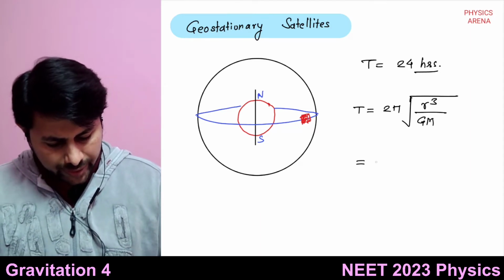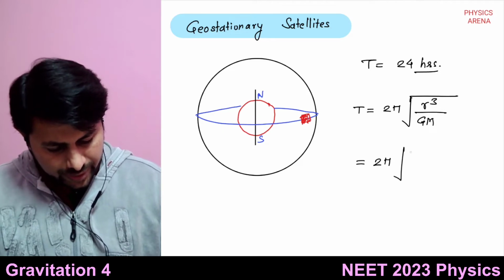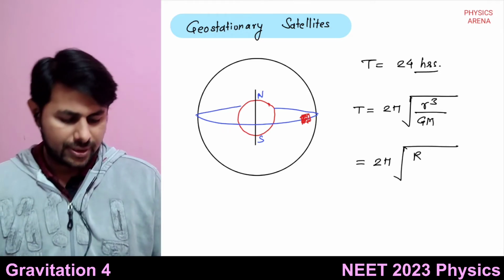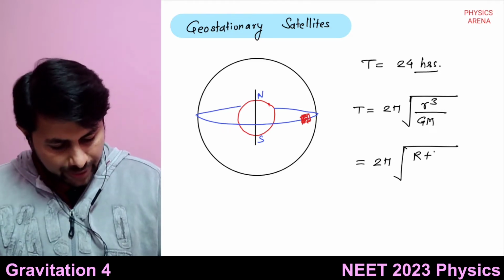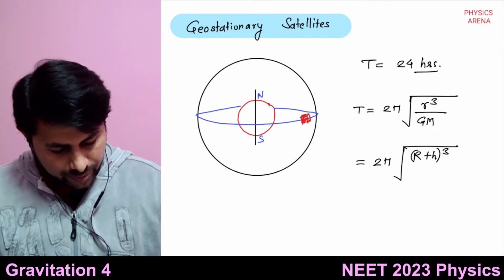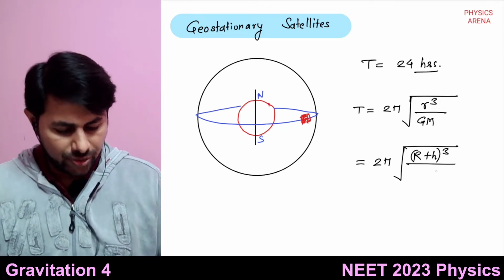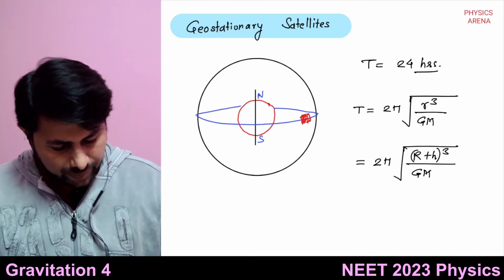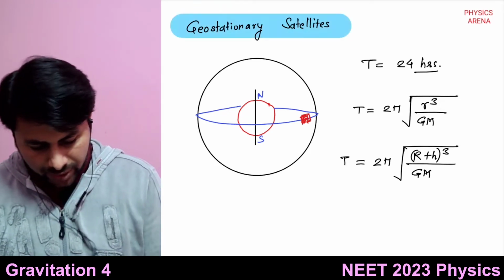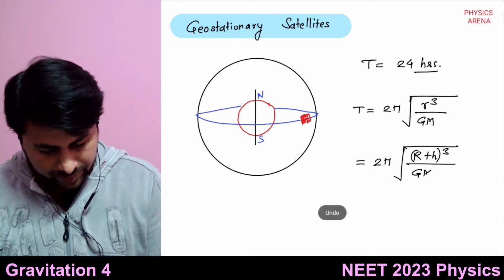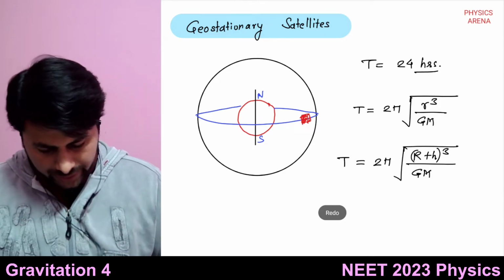Okay, so it is 2 pi, and the small r is equal to capital R plus h. So it is capital R plus h cube upon GM, and then you have T on this side, right?